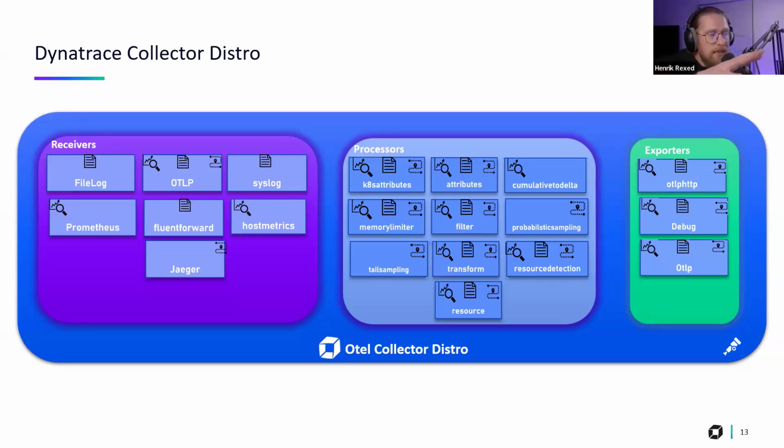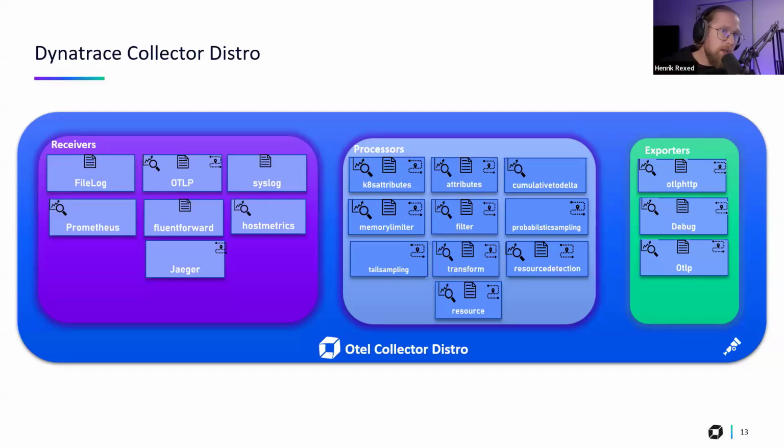So this collector has specific plugins to receive logs, syslogs, the file log receiver to read logs, or the OTLP protocol, to be able to get metrics, and then all the required plugins to process the data. We will look at those in detail in a few minutes.